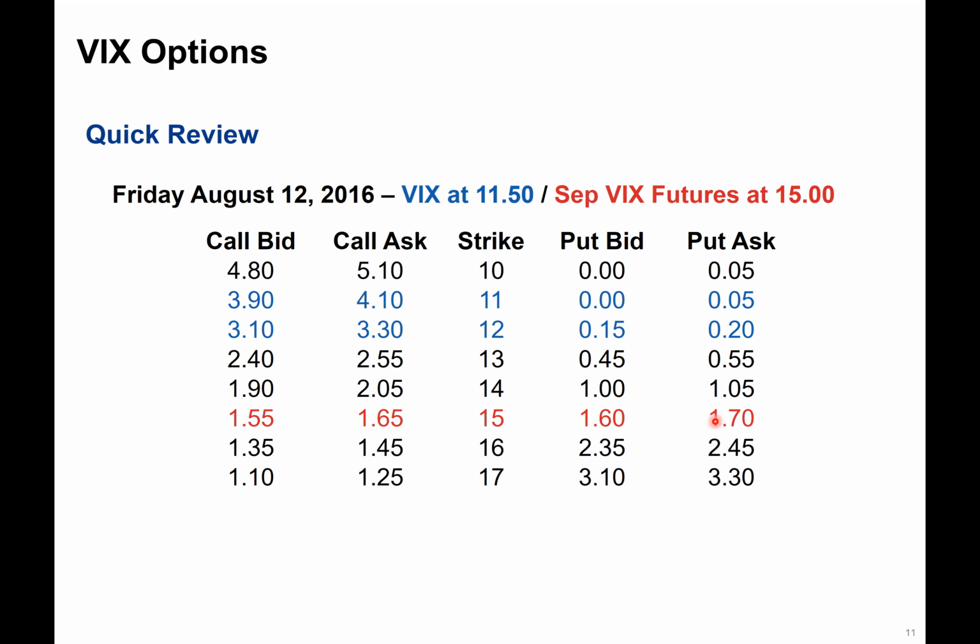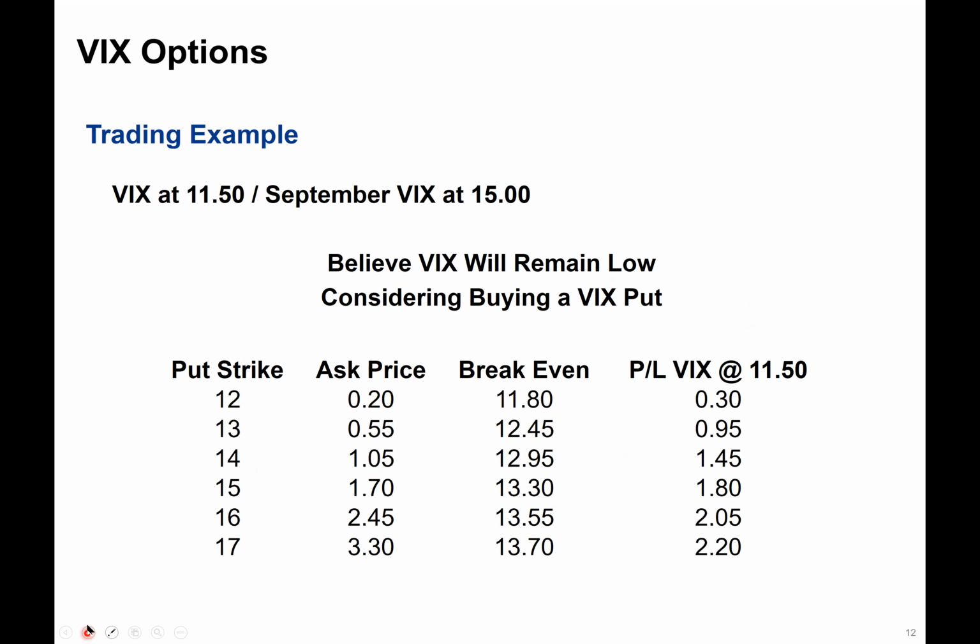Yeah, that option would be worth $3.50, and you could benefit basically from the passage of time and the VIX future contract moving down to the spot VIX index price as expiration approaches.